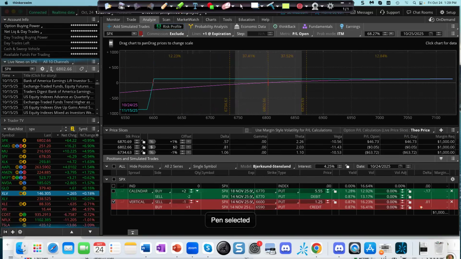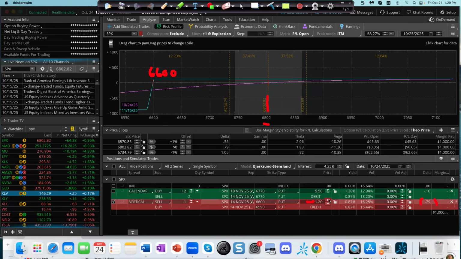What are the deltas? 0.79, right? Do we make money if it goes up? Here's where we're at, 6,800. Our short strike is at 6,600, 200 points out of the money. We're bringing in about $1.20, let's just freeze it at $1.25 credit.